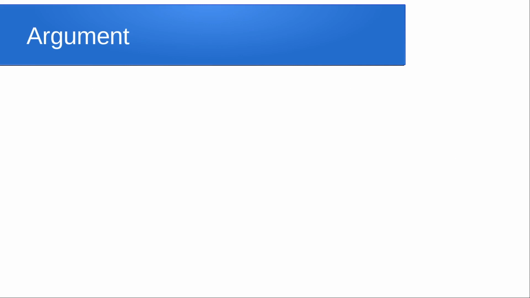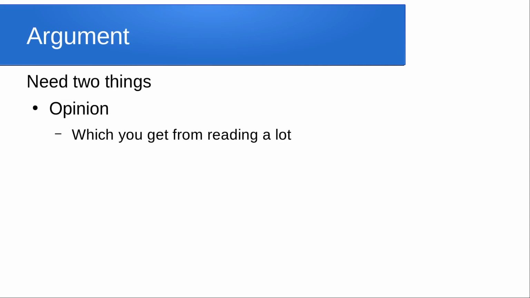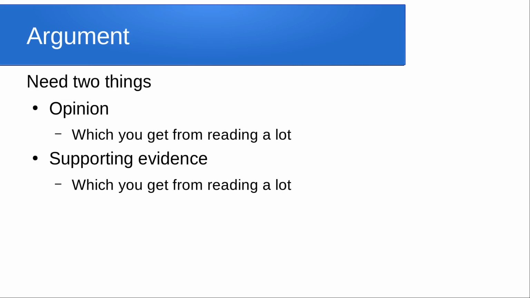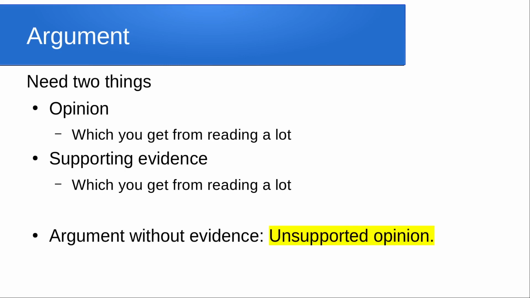So for an argument, we need two things, right? We need our opinion, which we get from reading a lot and thinking, and then we need our supporting evidence, which we also get from reading a lot, which is why we always need to remember university students are expected to read a lot. If you have an argument without evidence, all you have is opinion that's not supported.